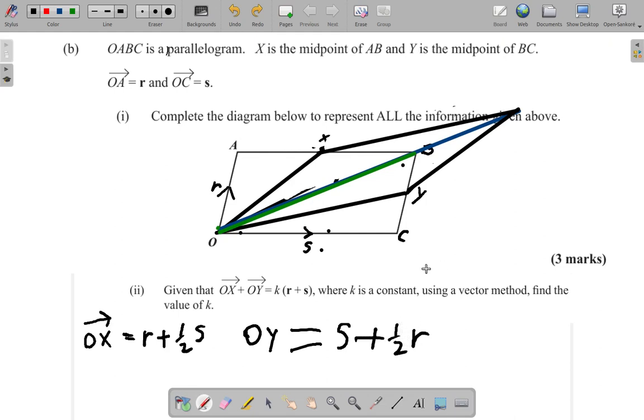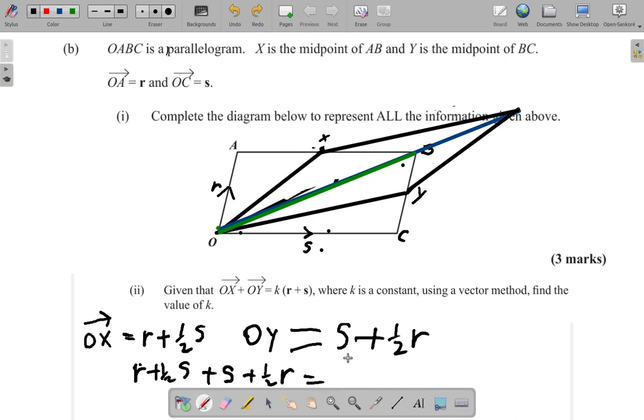Now let's check out what OX plus OY is. If you put everything together, OX plus OY is R plus half S plus S plus half R. What is that equal to?